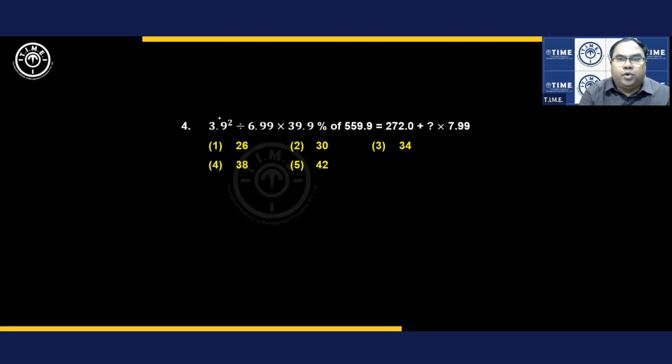Right? Question number 4. 3.9 whole square is nothing but 4 square. So 4 square is 16. This is 4 square. 16 by 7 into 39.9%. So it is obviously 40% of 560. 10% 56, 40% 224 is equal to 272 plus question mark into 8. 7 3 is 21, 7 2 is 14.